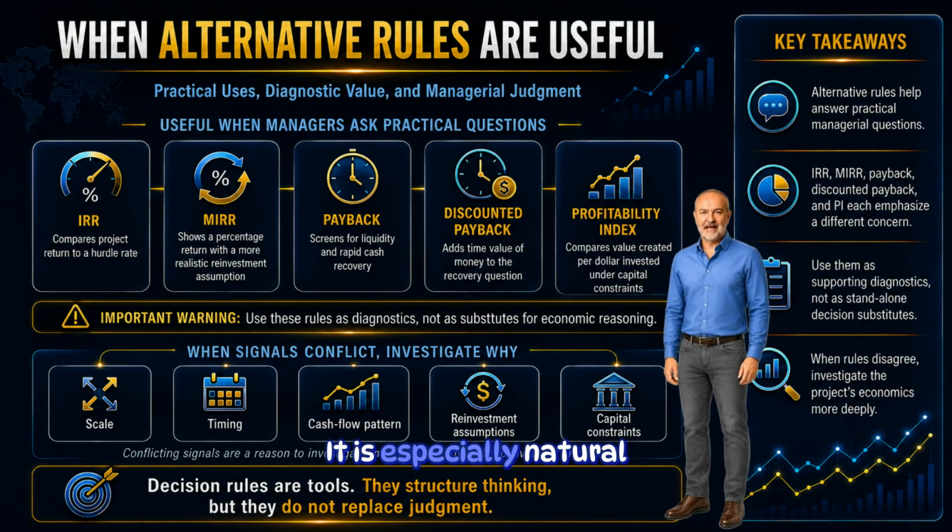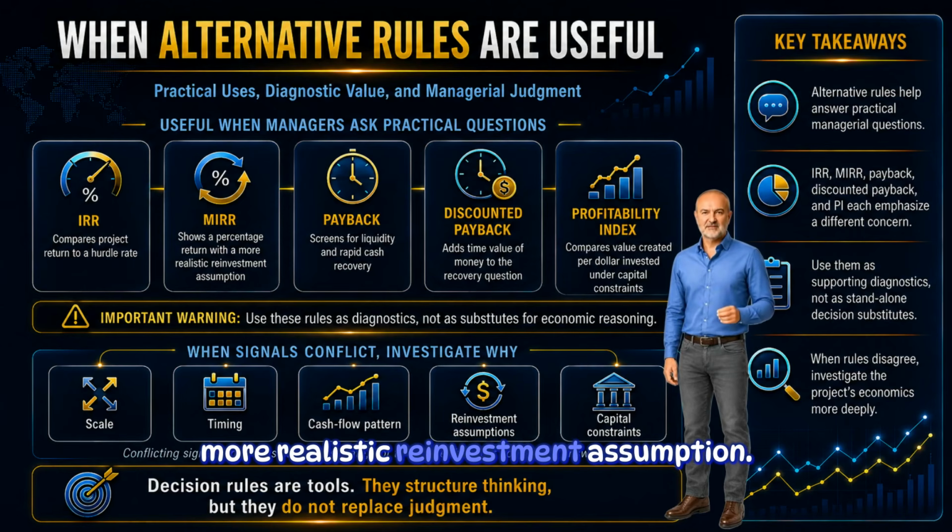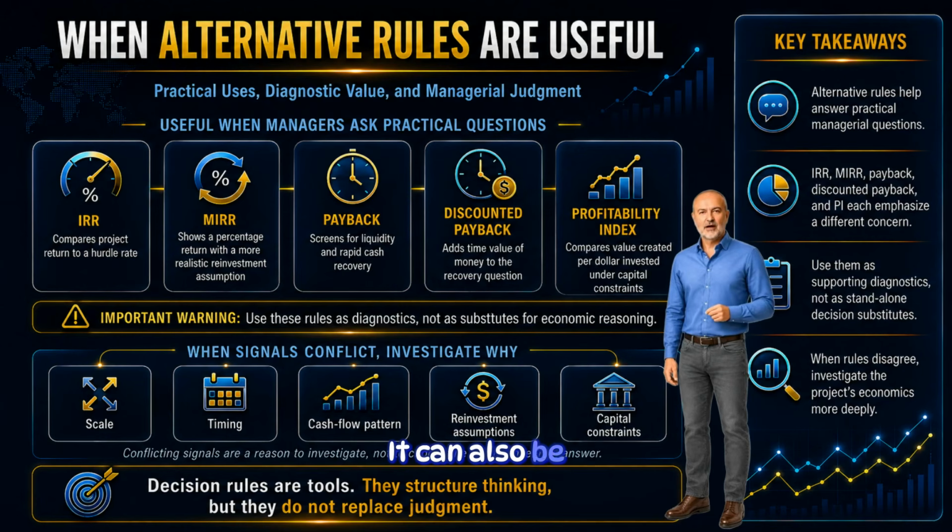It is especially natural for conventional projects with one initial outflow followed by future inflows. MIRR is useful when managers want a percentage return but prefer a more realistic reinvestment assumption. It can also be helpful when ordinary IRR is difficult to interpret because of unusual cash flow patterns.